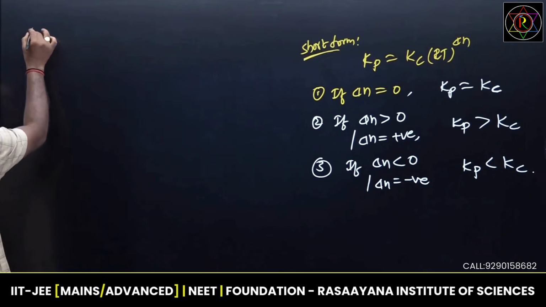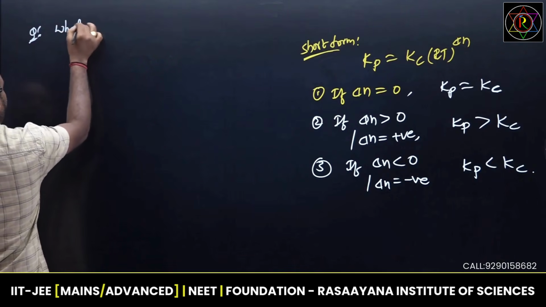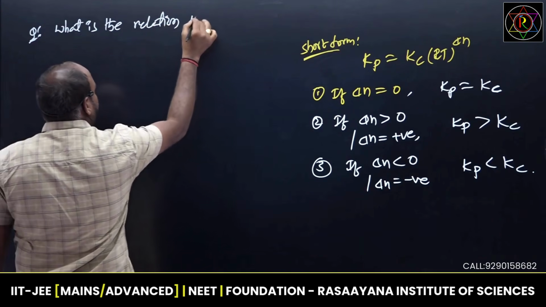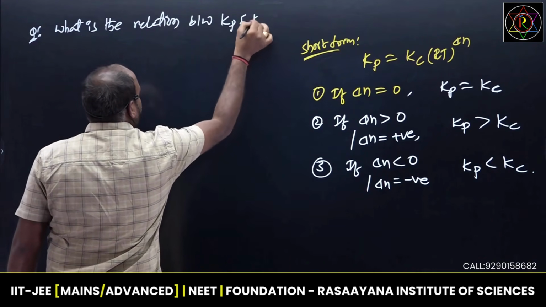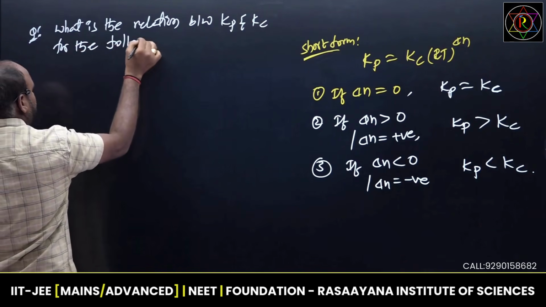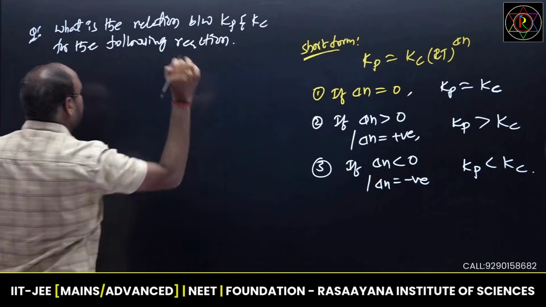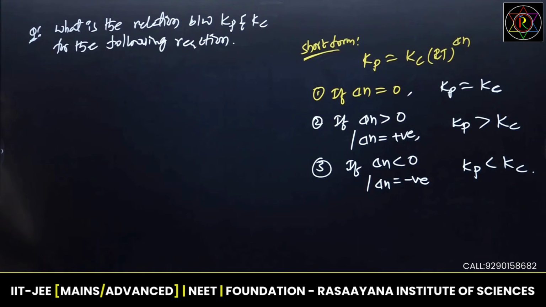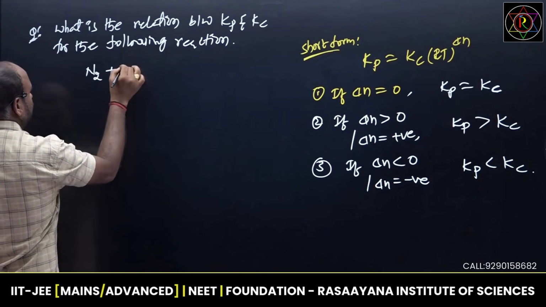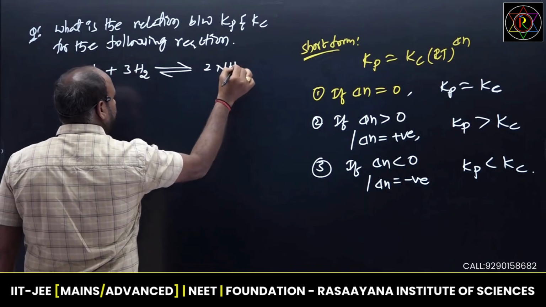We have to take one question, right? What is the relationship between Kp and Kc for the following reaction? What is that reaction? N2 reacts with 3 moles of H2, in equilibrium with 2 moles of ammonia.